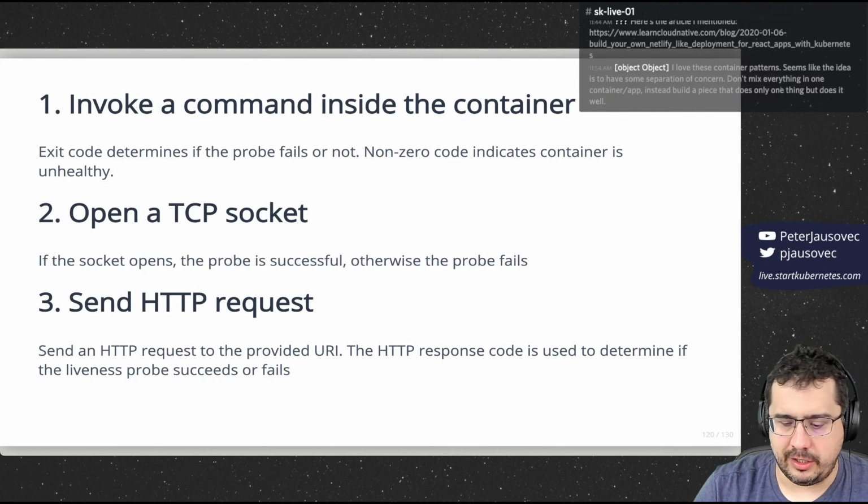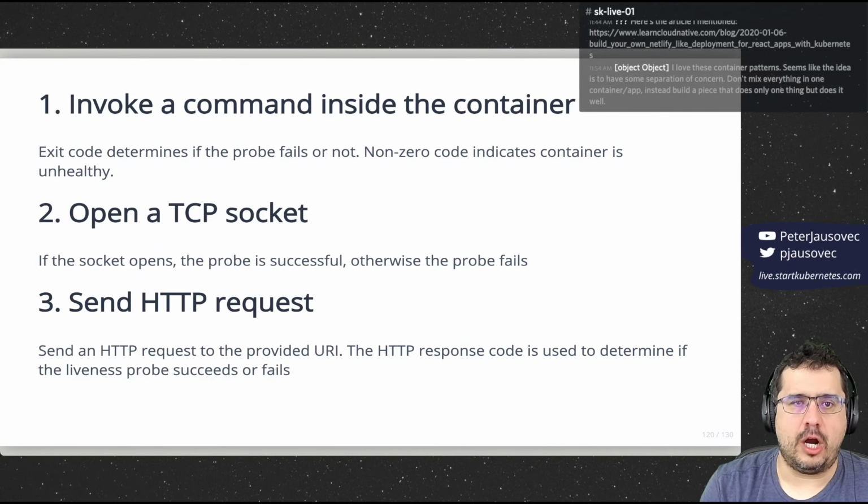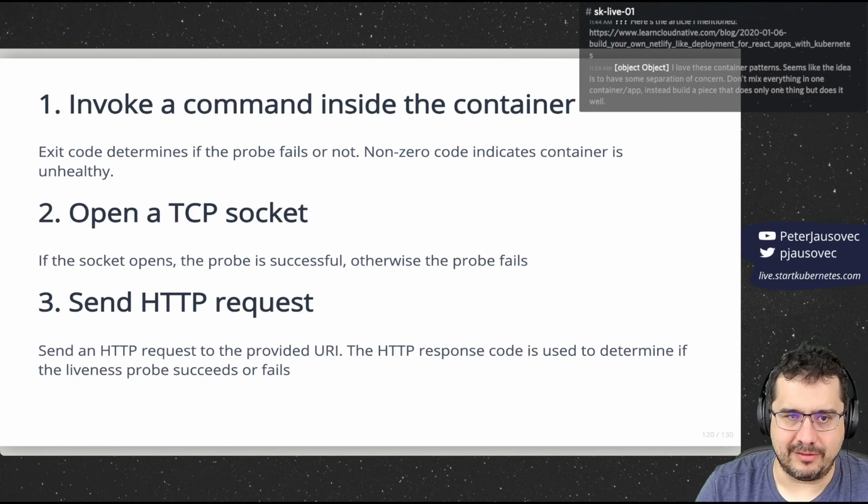The first way is you could run or invoke a command inside of the container, and then the exit code from that command will determine if the probe has failed or not. If you return a non-zero exit code, that means that the container is unhealthy.